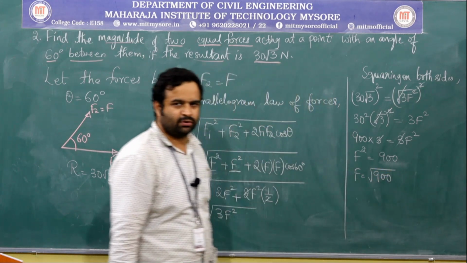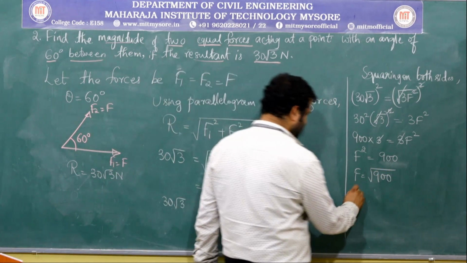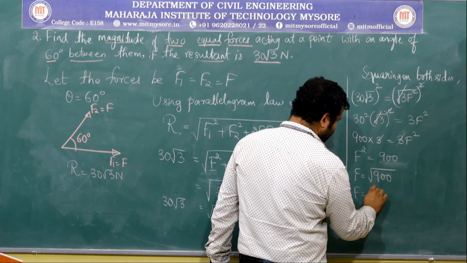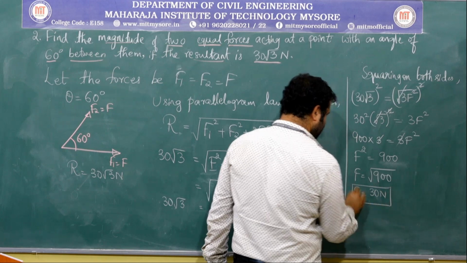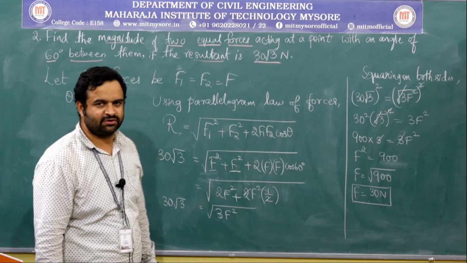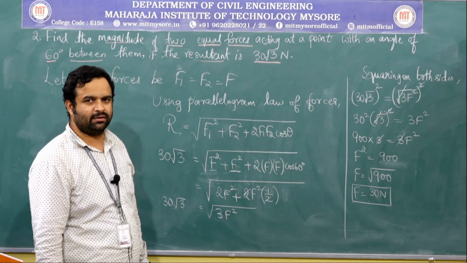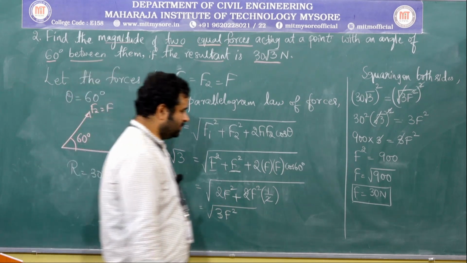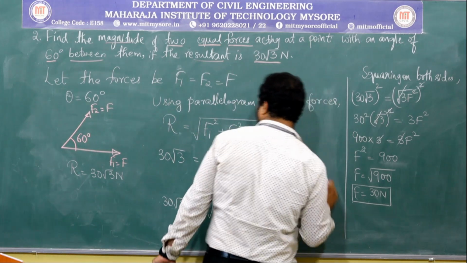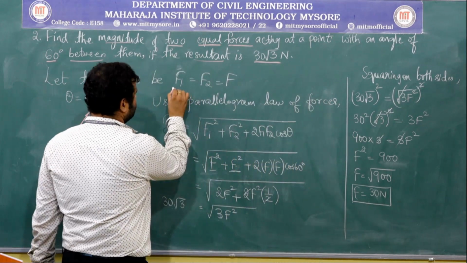We know what is the square root of 900? Yes, we know that the square root of 900 is 30. So, the value of F which we want to determine is 30. Now, if F is 30, what had we written in the initial stage?